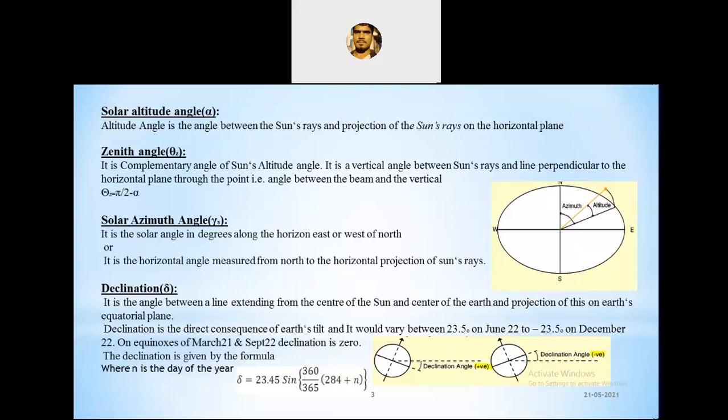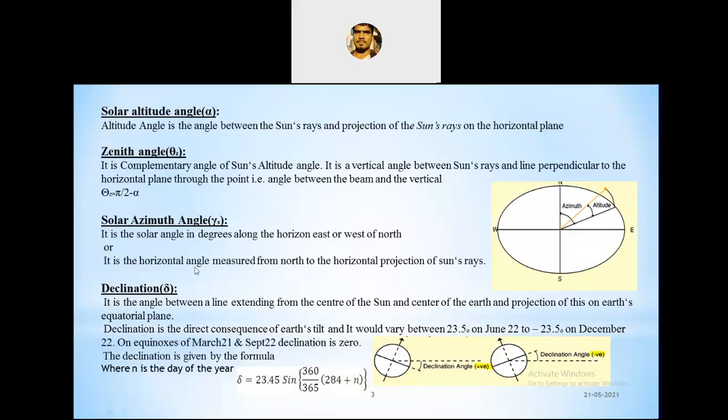It is a horizontal angle measured from north to the horizontal projection of the sun rays. This angle is positive when measured westwards. If you measure from the west it is positive, and if you measure from the east it becomes negative. It is the solar azimuth angle, gamma s.